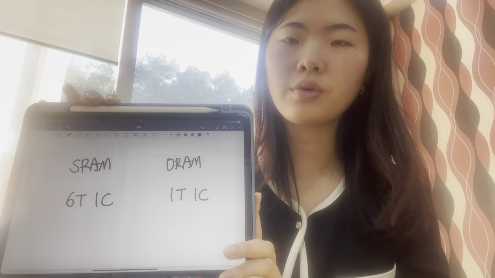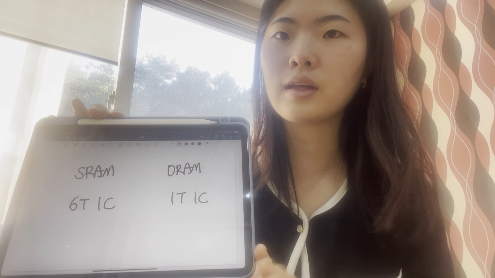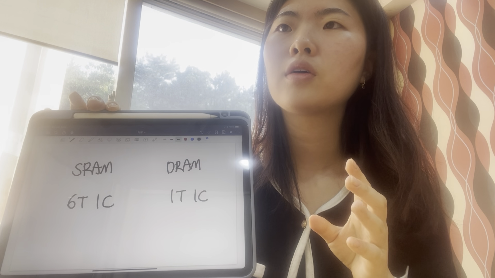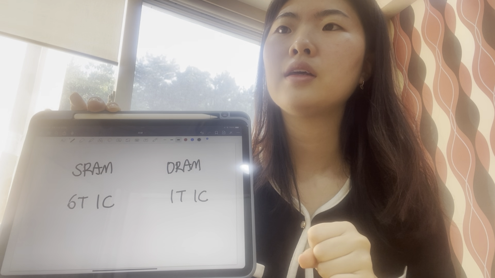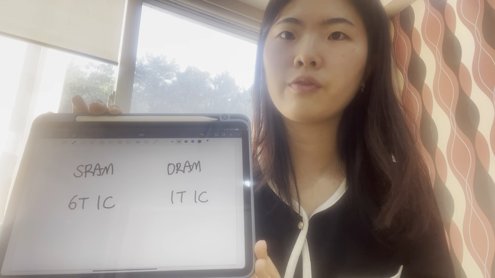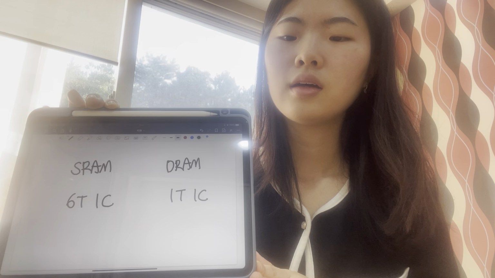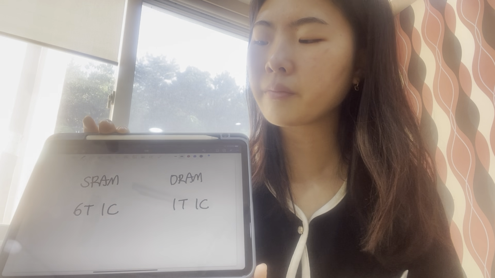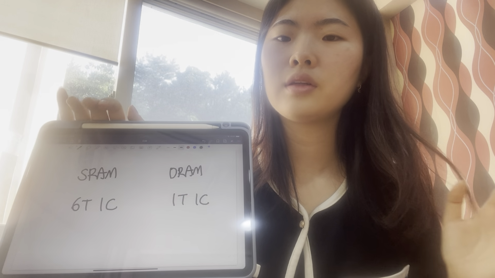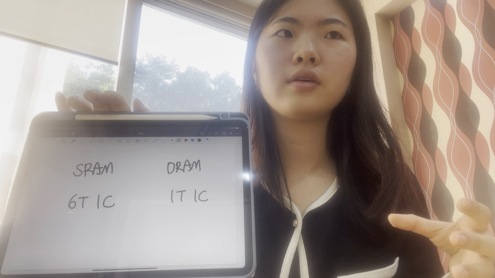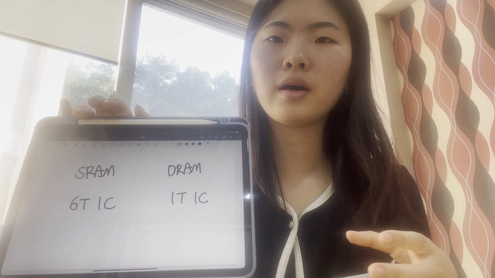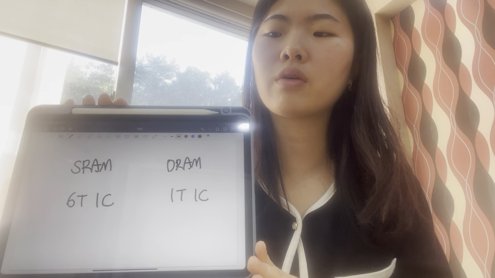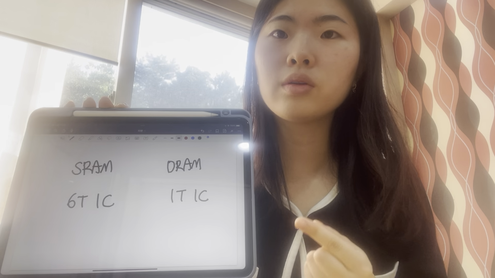SRAM has 6 transistors in one cell, so it works fast and is very reliable. However, it occupies a very big space, so it is not good for small devices.